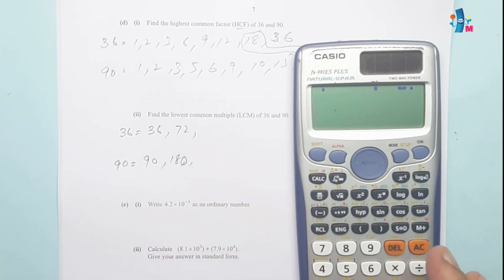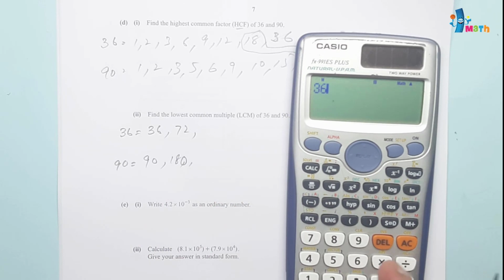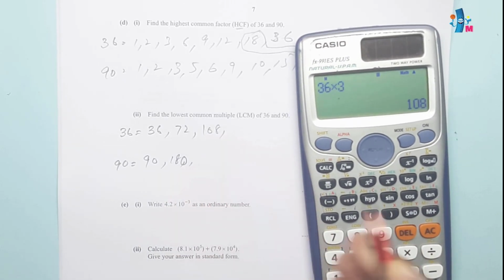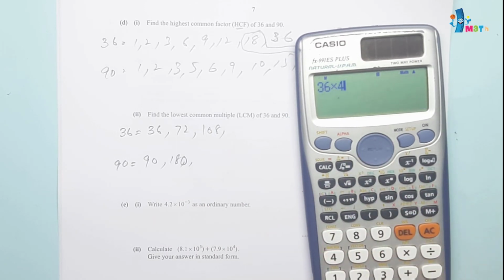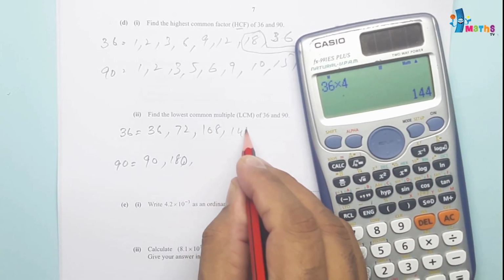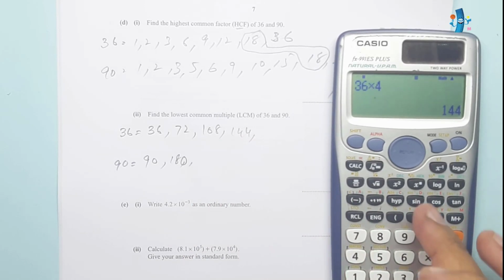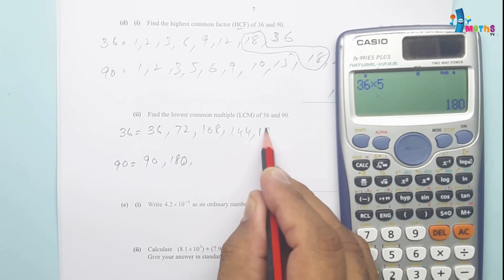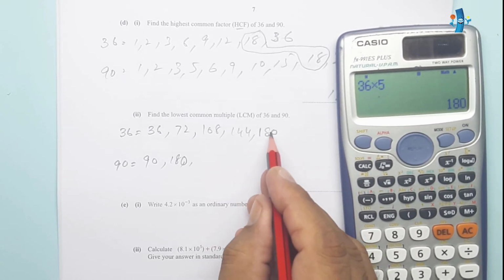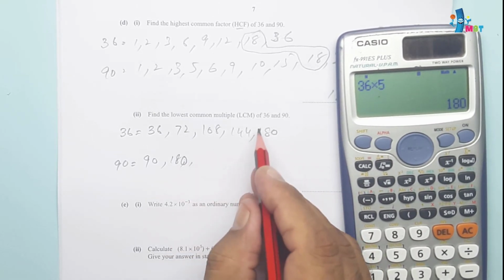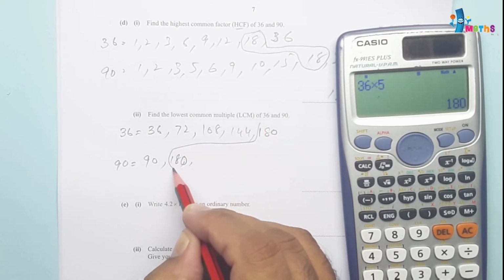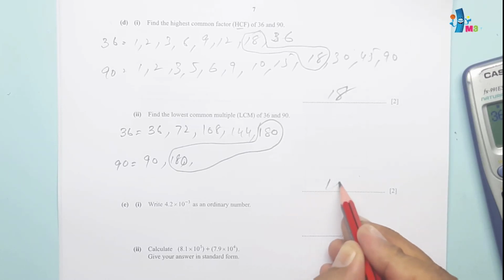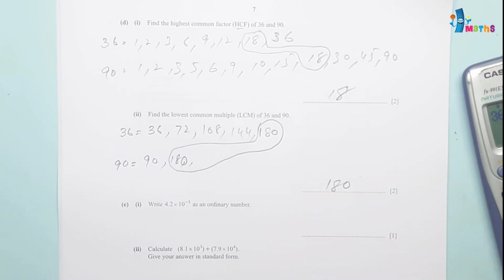Then 36 multiplied by 3 is 108, by 4 is 144, by 5 is 180, and 180 is also there in 90's multiples, so the answer will be 180.